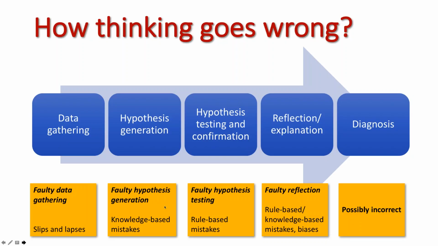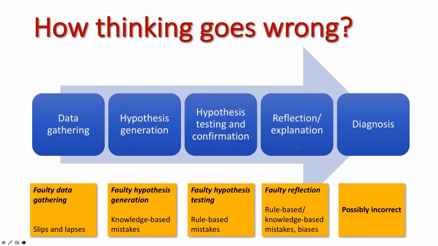Then you can actually do a faulty hypothesis generation, because there is a limitation in the knowledge. So these are knowledge based mistakes. And we can do faulty hypothesis testing, and these could be mistakes which are based on rules.